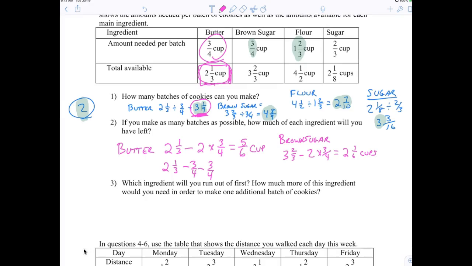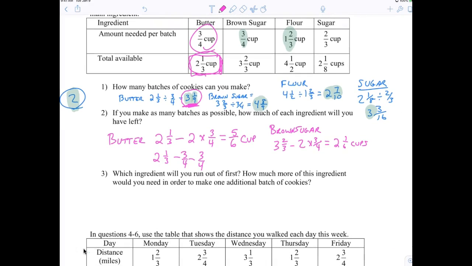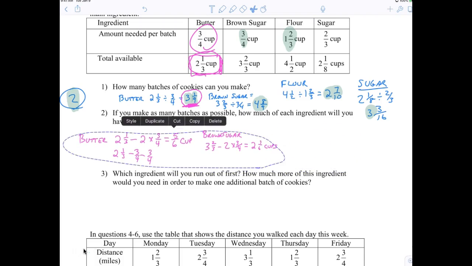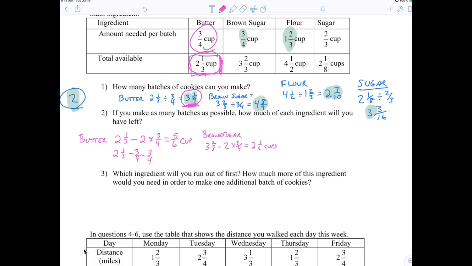And then after brown sugar, the same kind of response we need with the flour. Here we go. Everybody take a look at flour. And someone tell me how to do flour. What do I do? And tell me how much flour I have left.